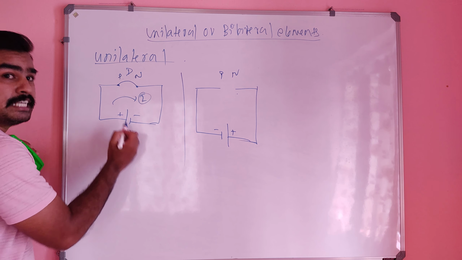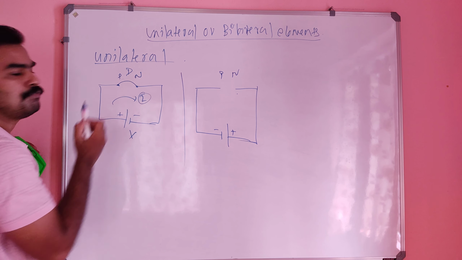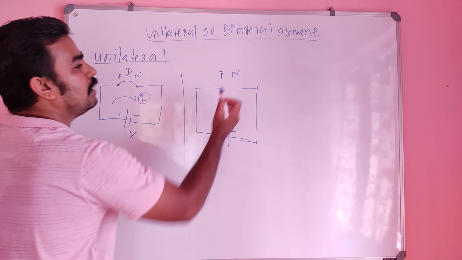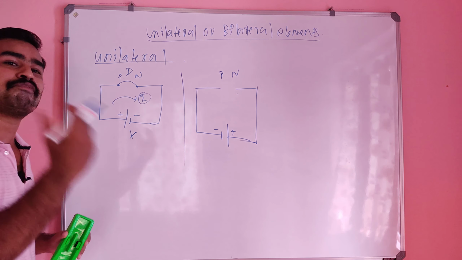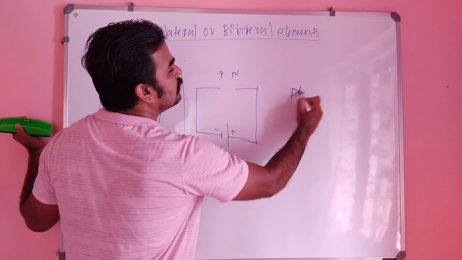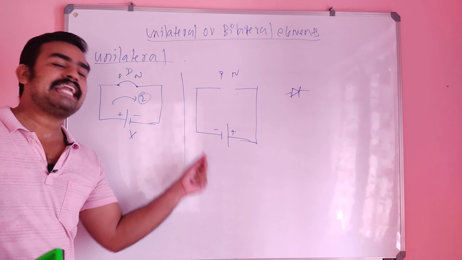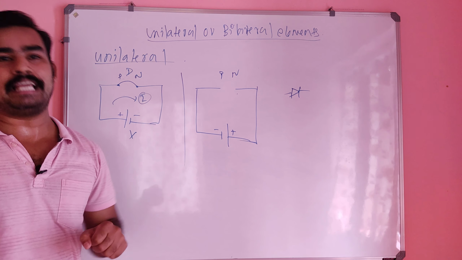In the forward direction, this polarity, there is a flow of current, but in the other polarity there is not at all a flow of current. That means the change in polarity affects the property of the element, that is the diode.